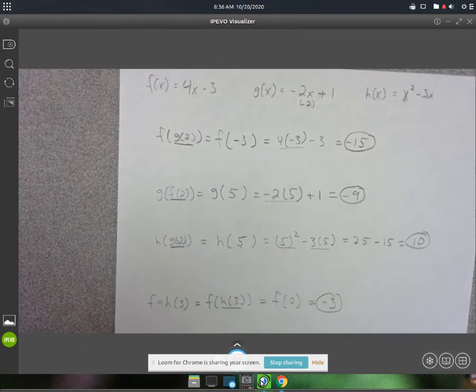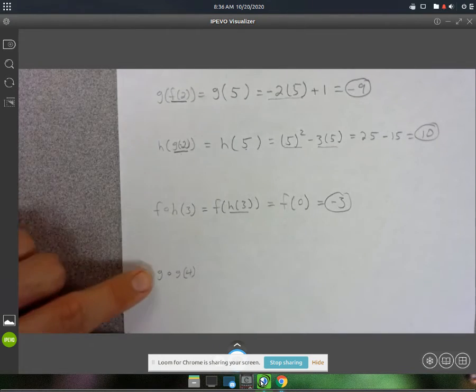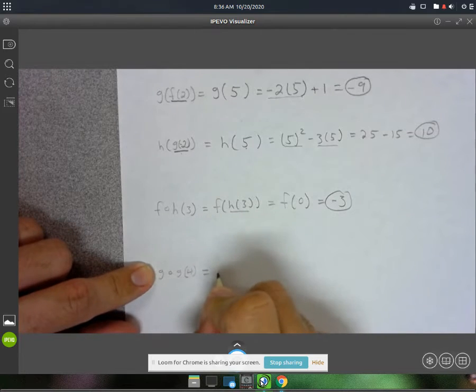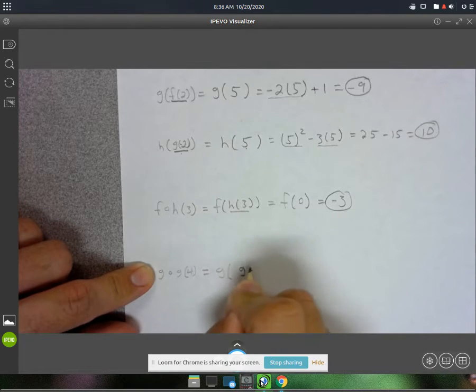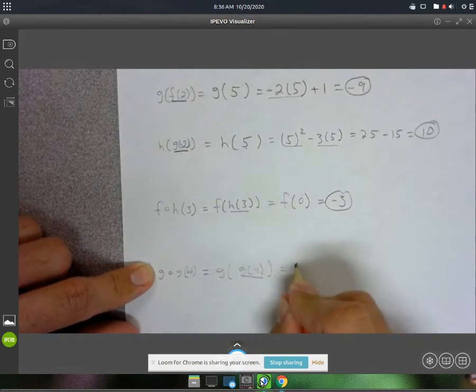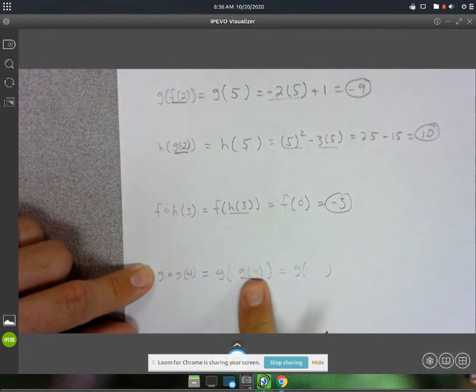The next one is g composed with g of 4. If we rewrite that, it's g of g of 4. So we have to find g of 4 first.